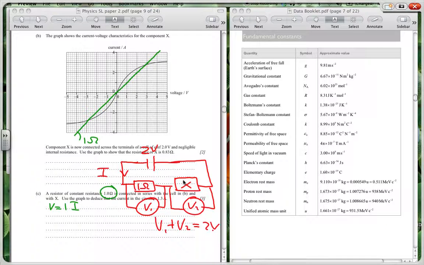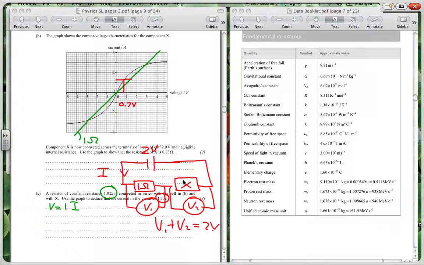So I'm going to have it that I'm getting 2 volts, but when I add this, when I go across here, they gave me a bit of a clue. They said it's 1.3 amps. So let's go to 1.3. This is 1, this will be 1.3. If I go across there and I come down here, I see that I'm at about 0.7 volts.